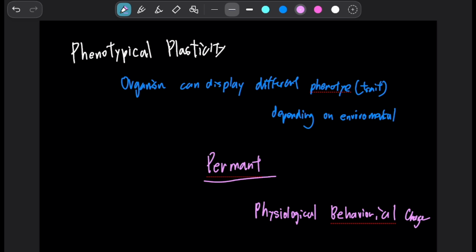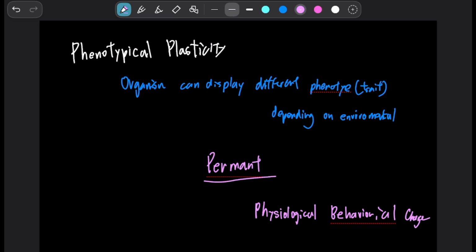So it's a way to adapt, and it also impacts natural selection because the phenotype is displayed in a genotype, right? If this plasticity is advantageous to their survival, then it will be more likely to pass down. So the animals we see today have the most advantageous phenotypes depending on their environment.